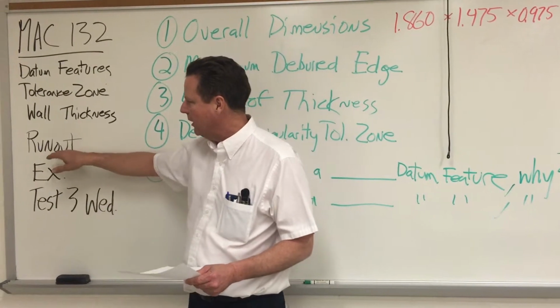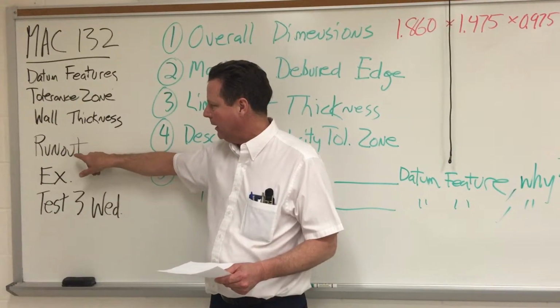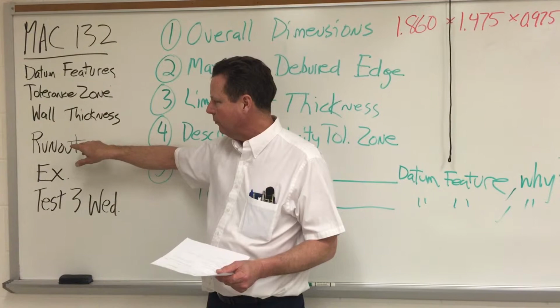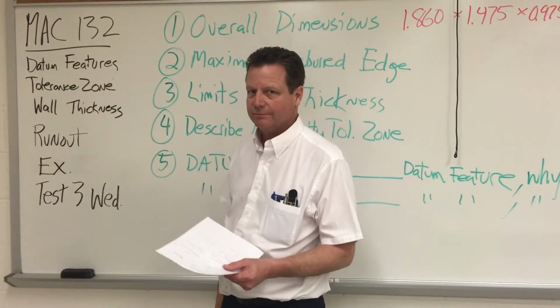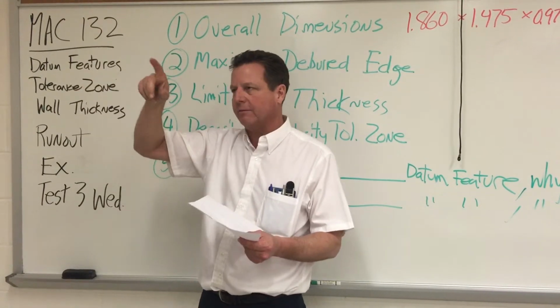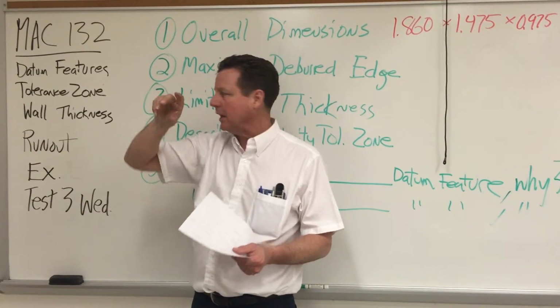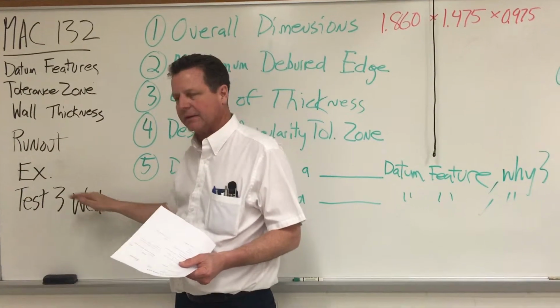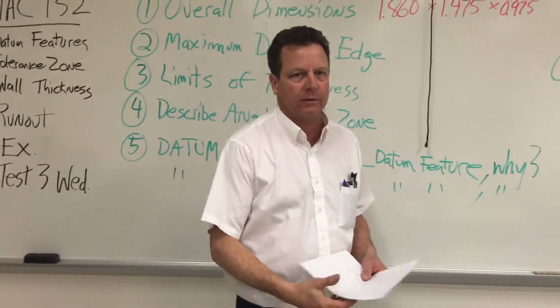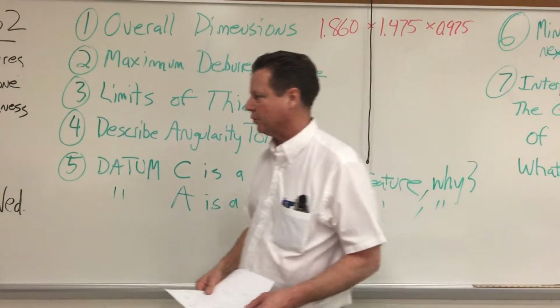This is an axis. When you see runout attached to a datum, not a datum reference, a datum tied to a runout feature control frame, that means that the center line axis of the part is the true datum feature.